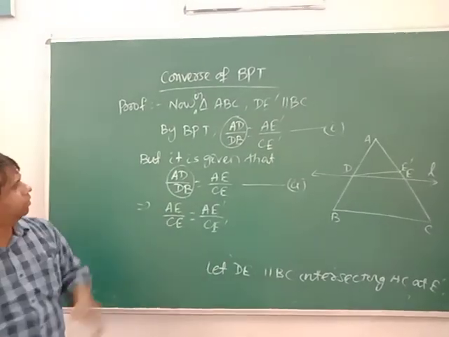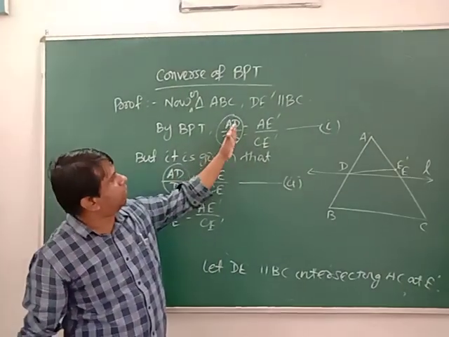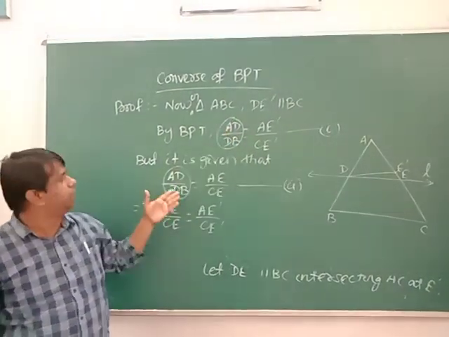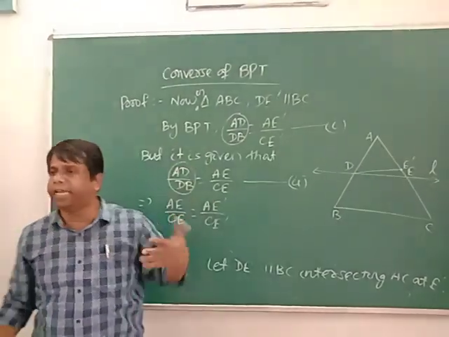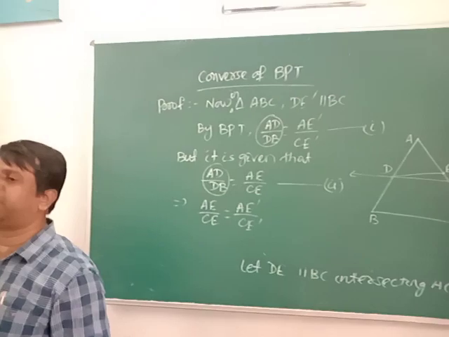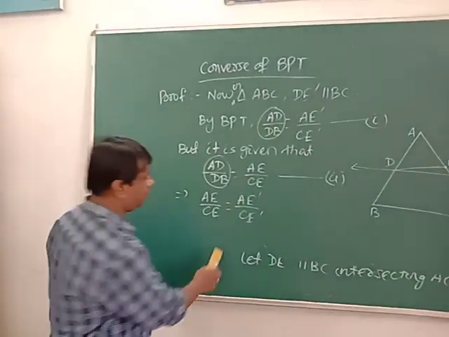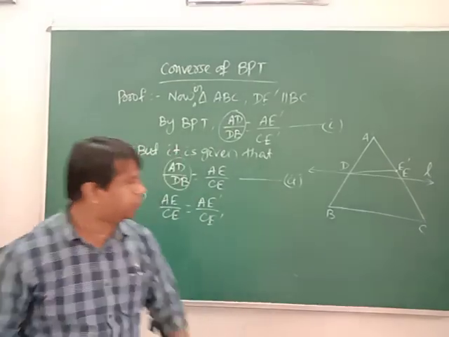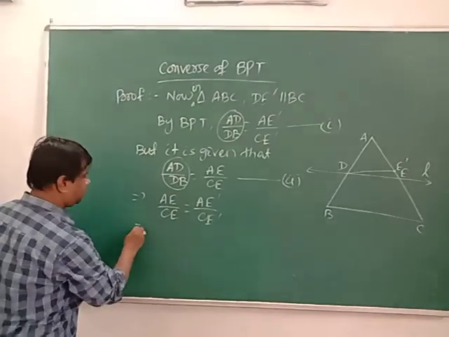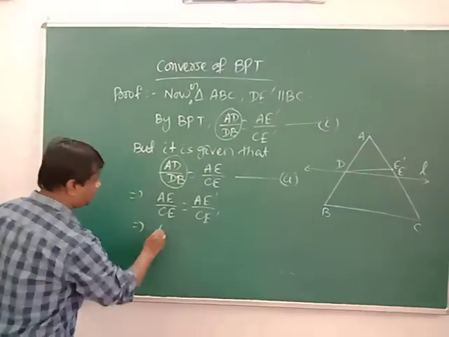Did you get it? From the first equation, the left hand side is AD upon DB, and the second also has AD upon DB. As both the left hand sides are equal, automatically the right hand sides will also be equal. So AE upon EC is equal to AE dash upon E dash C. Now you add 1 to both sides.